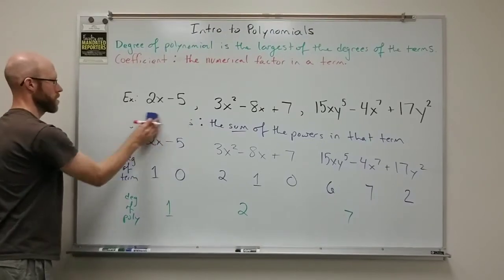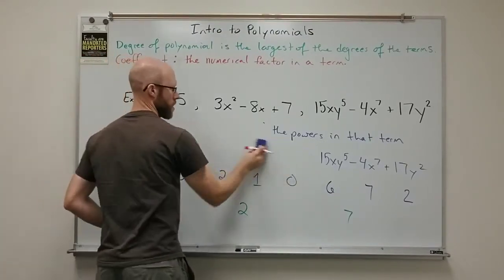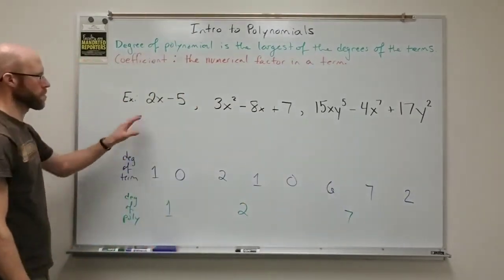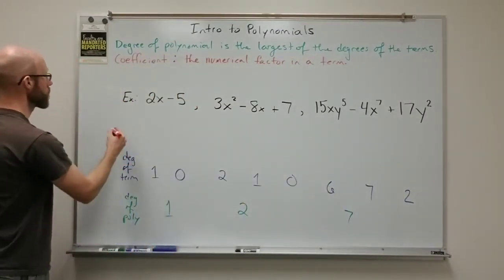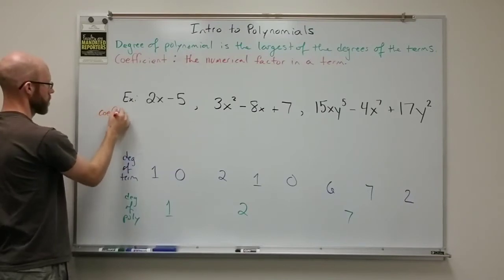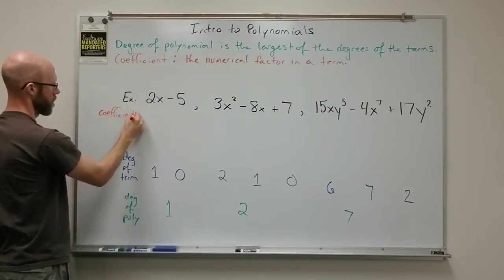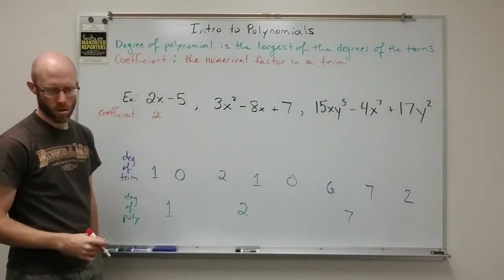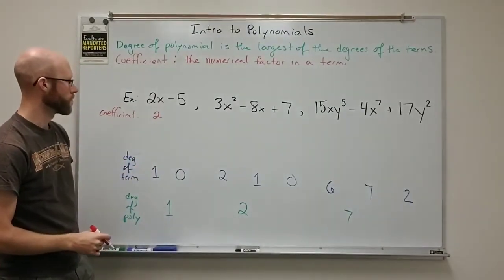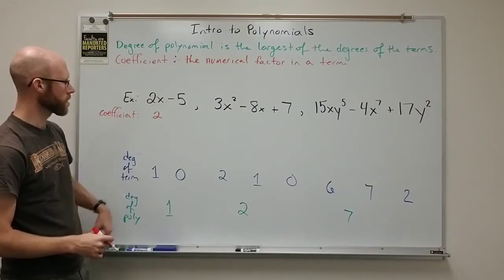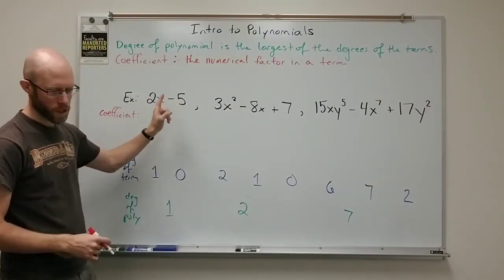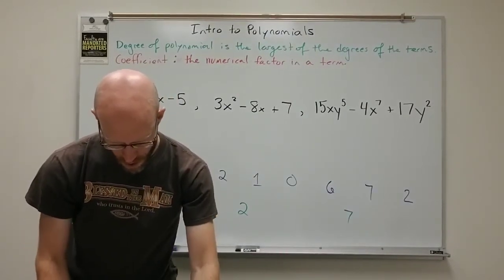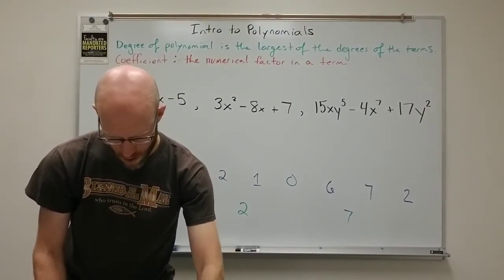Let's get rid of these couple of lines. Keep the original polynomial. So in these polynomials, the coefficients are going to be 2 for the first term. Now I do want to make a note: the constants on the ends, I don't believe fall into the category of a coefficient.